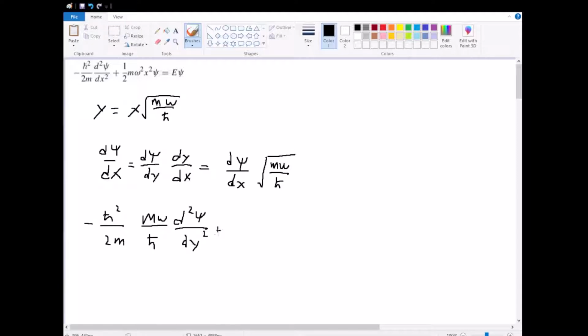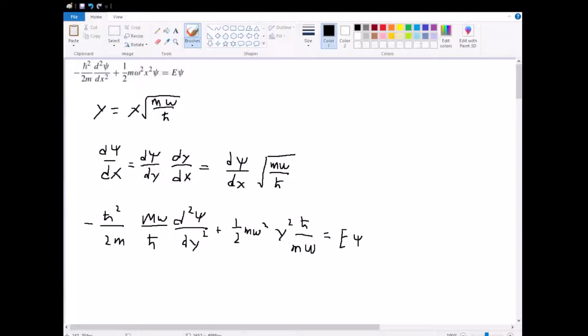And then we're adding 1/2 m omega squared, and the x squared, because we have this relation, becomes y squared times h bar over m omega. And this is equal to E, which is unchanged, multiplied by psi.